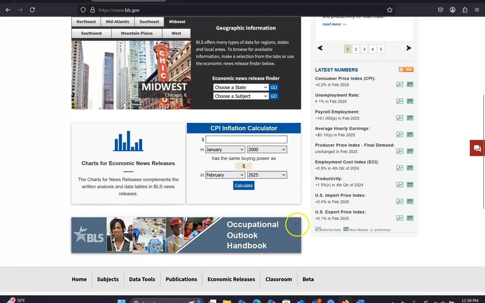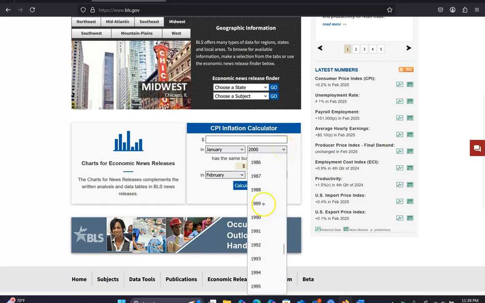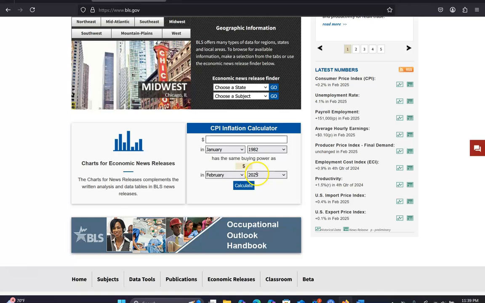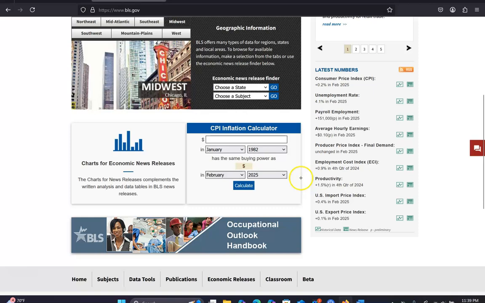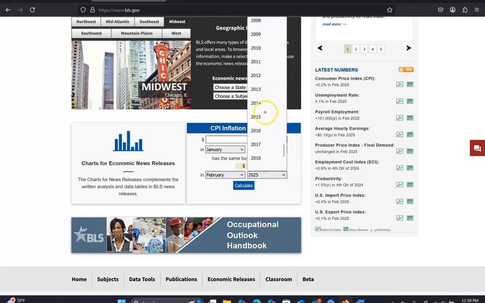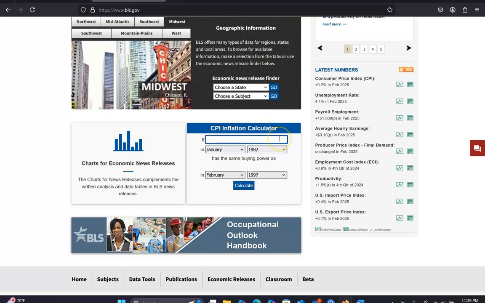My years are 1982, that was one, and the other one was 1997. It may not be the exact number, but let's see if we have some approximation. Okay, in January, 733.92.